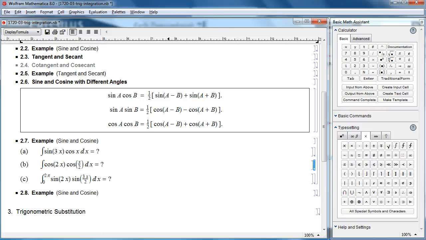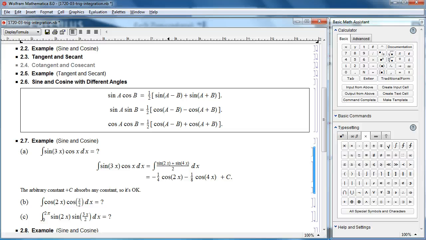What if we have some problem like this one? Again, no sweat. We just have to apply one of these three formulae, and it's going to be the first one, sine times cosine. So 1/2 sine of A minus B, so 3x minus x.